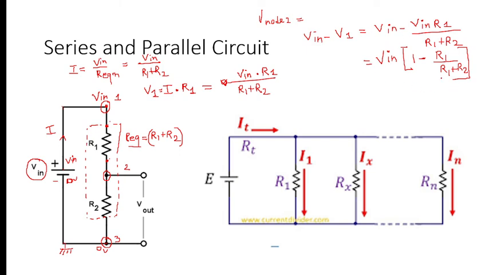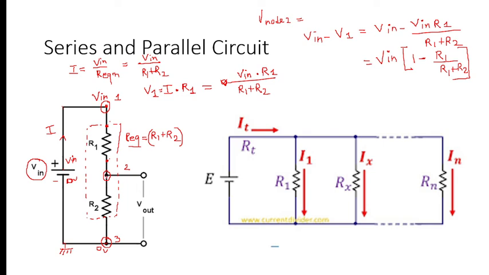If this is the potential at node 2, now some amount of drop, that is I into R2, will occur, and from the potential at node 2, when that is lost, finally 0 volt will appear at node 3.